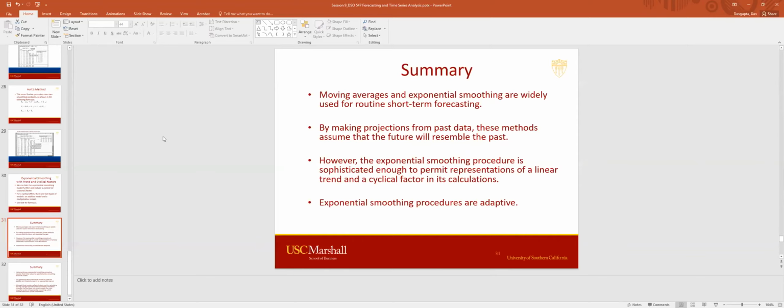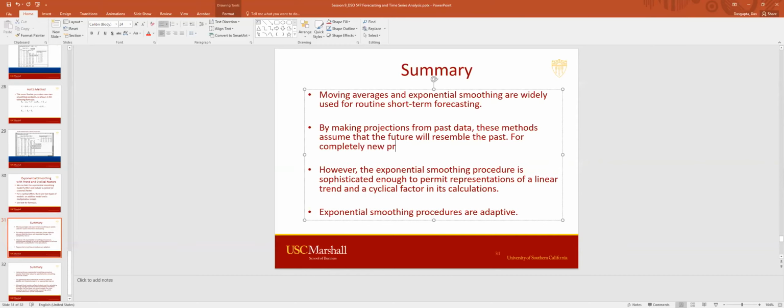One is moving averages and exponential smoothing are widely used for routine short-term forecasting. By making projections from past data, these methods assume that the future will resemble the past. When it does not, to Shannon's earlier point, if the past does not really tell us more about that particular product, then you could use something like a Bass's model, and I will just add that here for completely new products, try Bass's model.